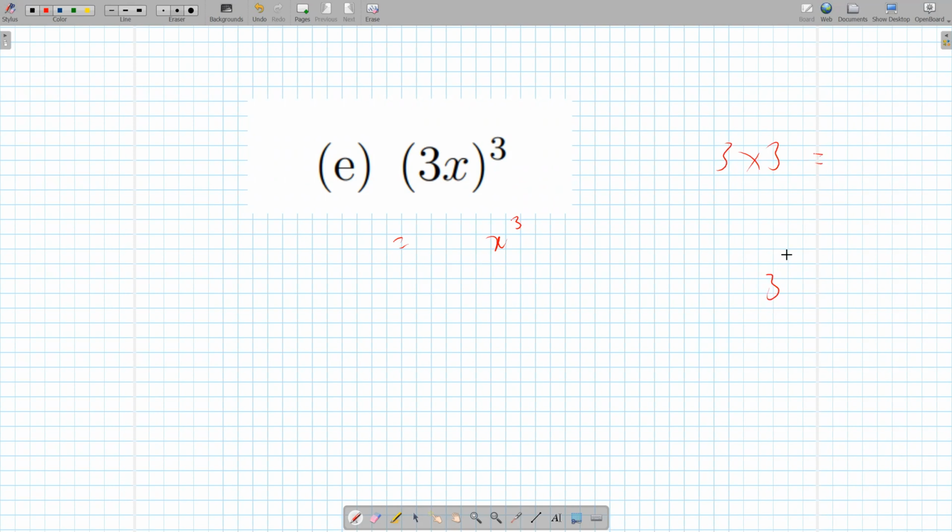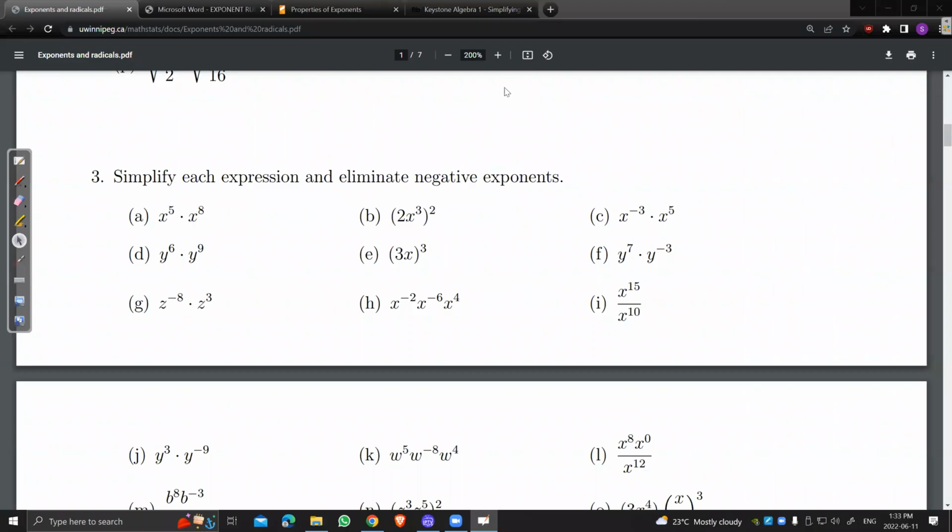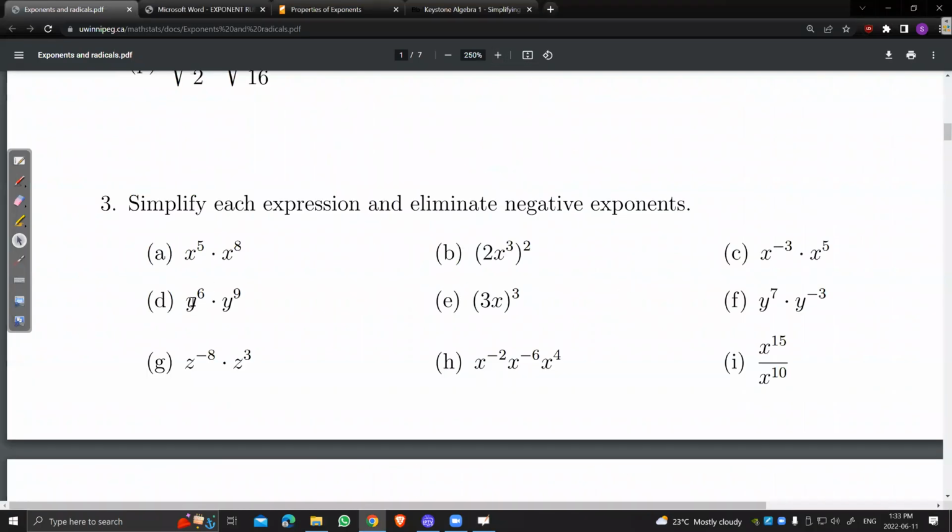We're doing 3 to the power of 3, which is not 9. So 27. Yeah, 27x to the 3 there. These are very simple, right? Look at this. D would be y to the 15. F would be y to the 4. Yeah, it's a one-step answer.